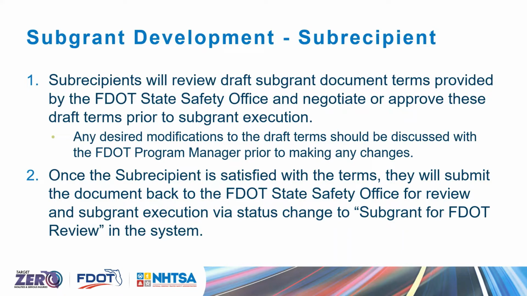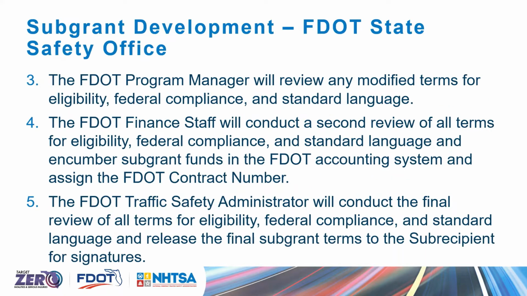If you didn't want any changes, or once you've completed the negotiation for step 1, step 2 will actually be implementing a status change in the system to subgrant for FDOT review that lets us know you're ready to proceed. Once FDOT receives notification that you have submitted the language for review, the program manager will double check what you've put in the system is what you discussed.